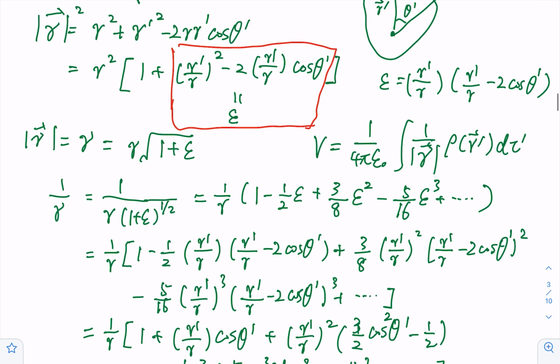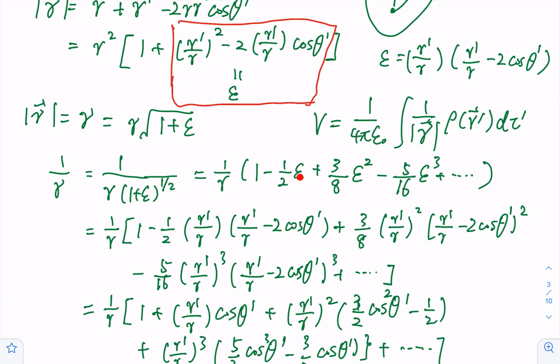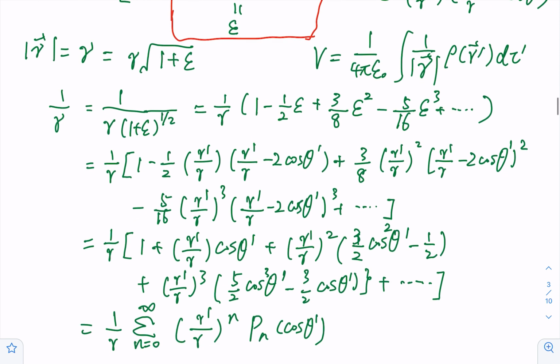Now let's follow through and write out explicitly this epsilon, and re-expand the terms, or collect the terms in terms of r prime over r, because this is a small quantity.